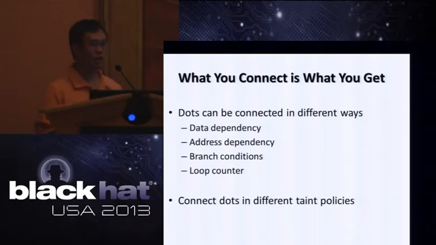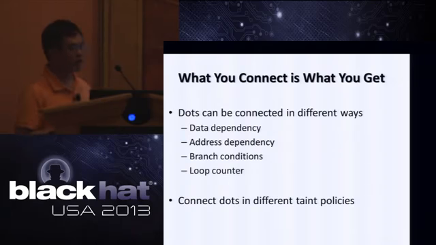It's not always that easy. As I mentioned, the data dependency is one way, but it's the basic, very common way. But the source can also affect the sink in different ways, such as the source might affect the address of your sink, or it might affect your sink by affecting your branch conditions. Essentially, it's affecting what code is executed. That's a kind of control flow tracking.